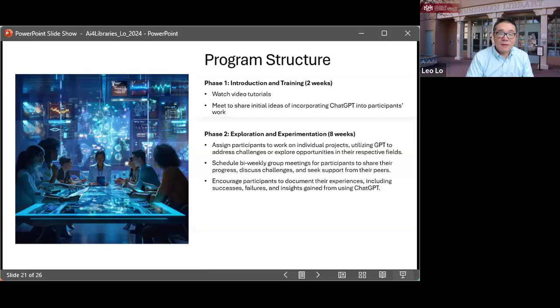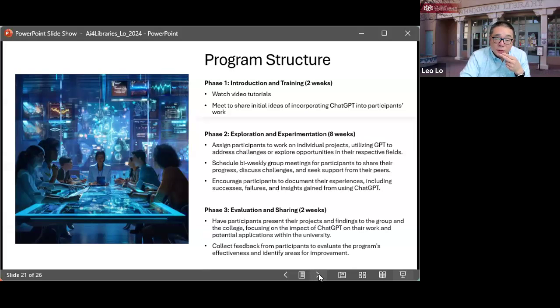And I gave them a template to document their experiences, including successes and failures. If you have some good prompts that gave you some really unexpected or surprisingly good or bad output, write them down. So they have a record of what they've done.